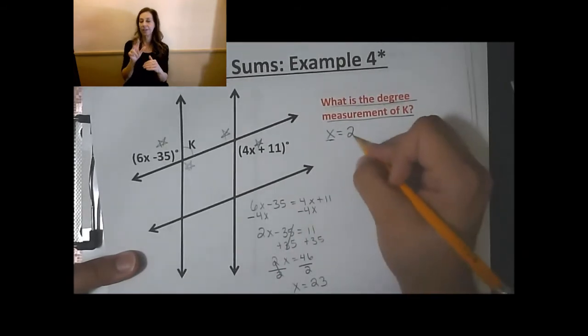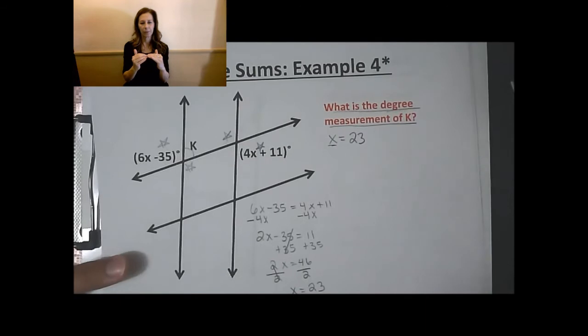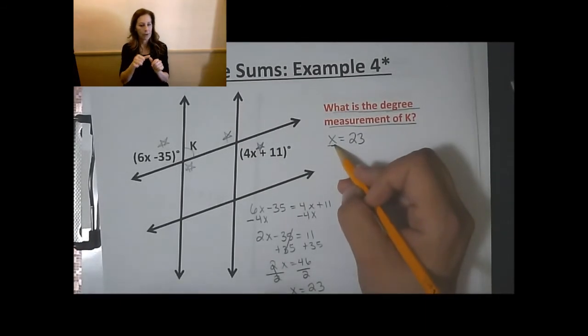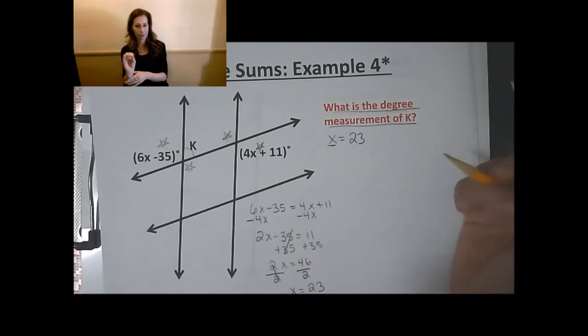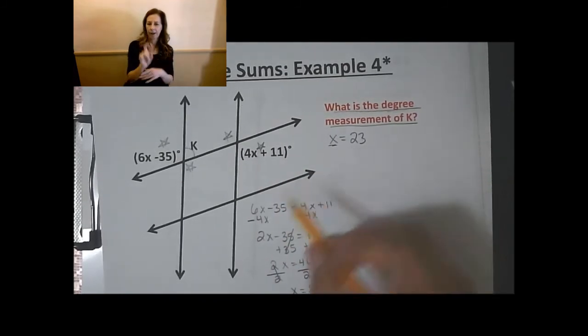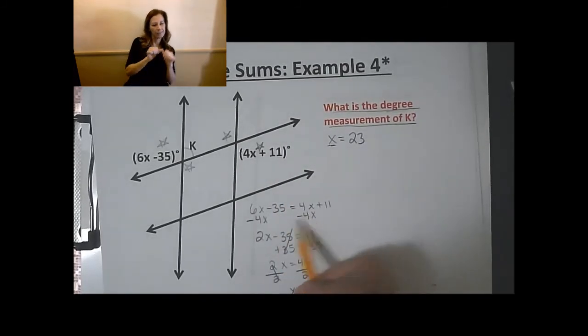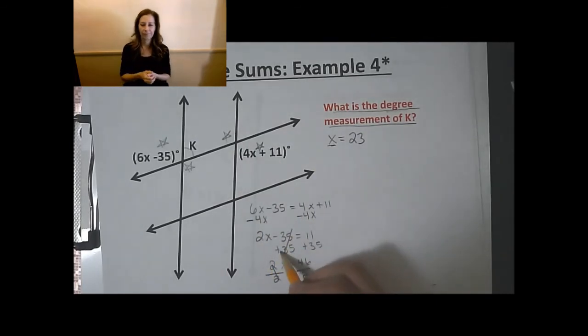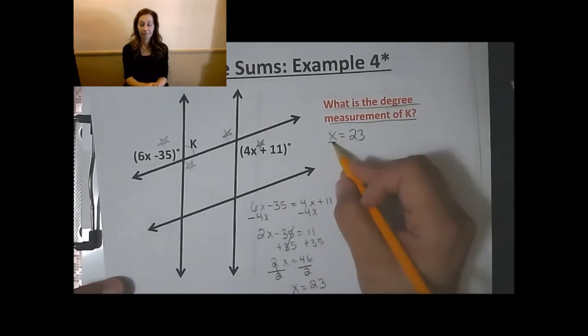So x should equal 23. Not degrees. Remember, this x does not represent a degree. It just represents the value of x. Before we move on, I'm going to check my work. Okay, so x equals 23.